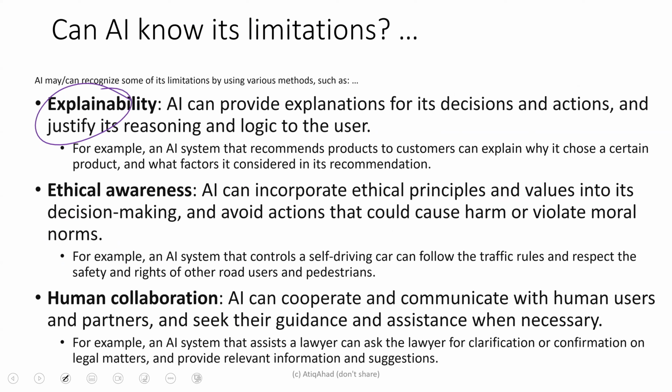Explainability is important. Can AI provide explanations for its decisions and actions and justify its reasoning and logic to the user? Okay, ethical awareness. Some people are unethical, forget about those people, but most people in the world are ethically driven. They know what is right or wrong, though sometimes they cannot perform perfectly because of bias or surroundings or background, or maybe pressure from society. But can AI incorporate ethical principles and values into its decision making? Now the point is, who is developing AI models?